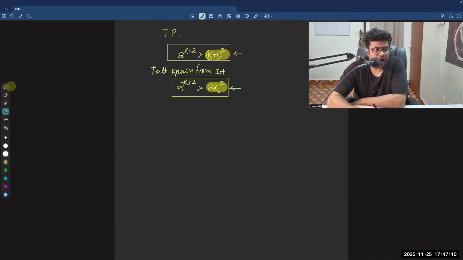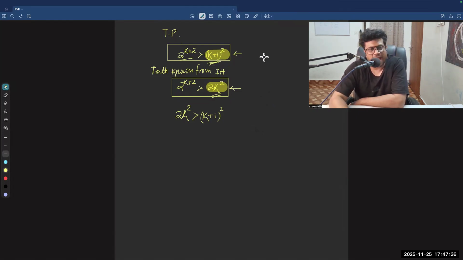Well, if I can prove that 2k square is always greater than k plus 1 whole square, that concludes my solution, that this will always be greater than that. If I can prove that the right side is always greater than the right side here, of course, this will by default be greater than k plus 1 whole square.